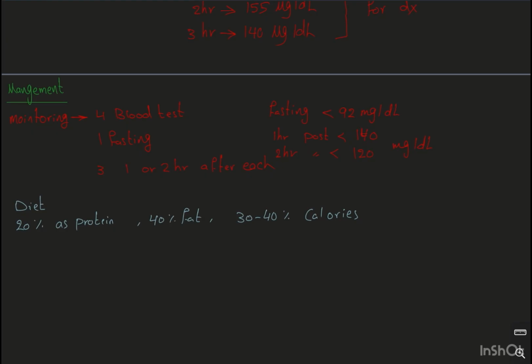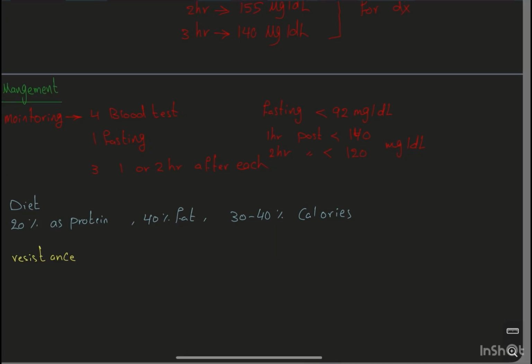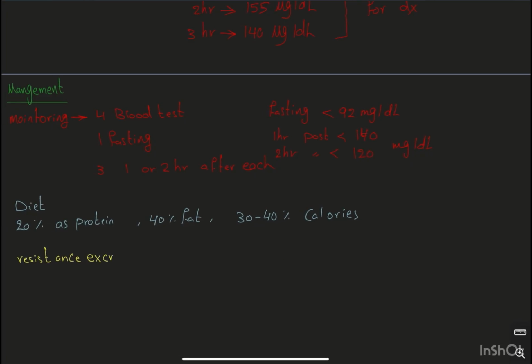And in 2004, Brankiston and his associates found that resistance exercise in overweight women with gestational DM will diminish the need for insulin therapy. So with resistance exercise, there is a decrease in the need for insulin therapy.